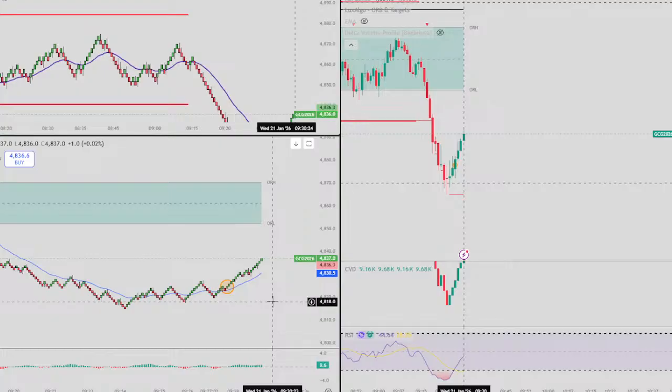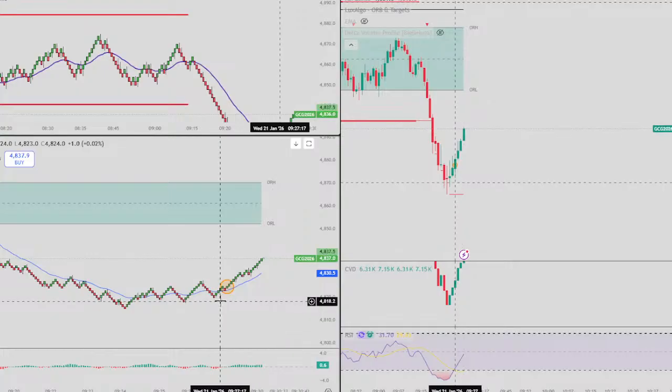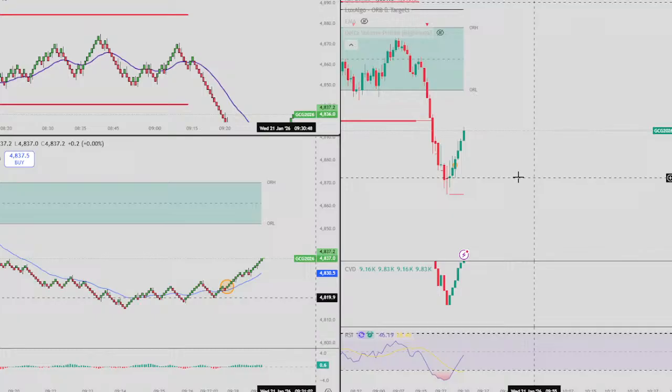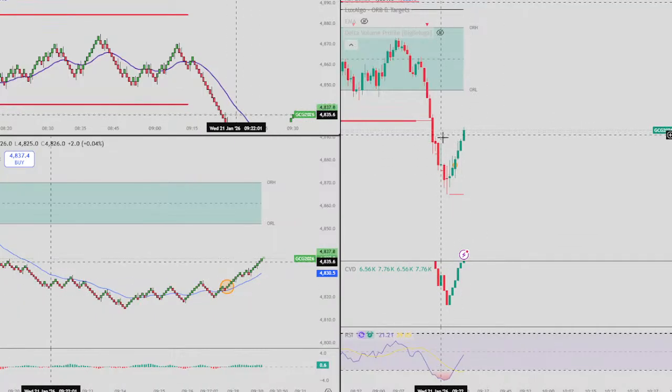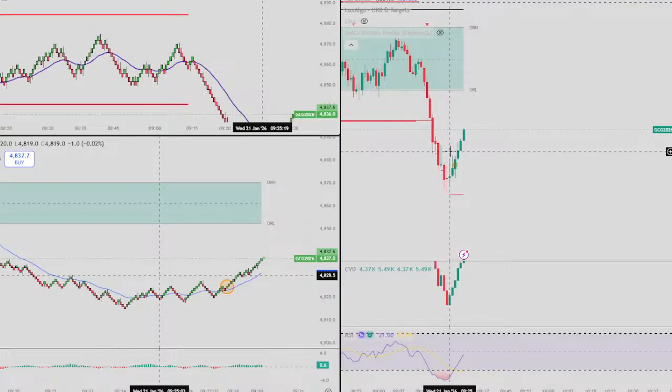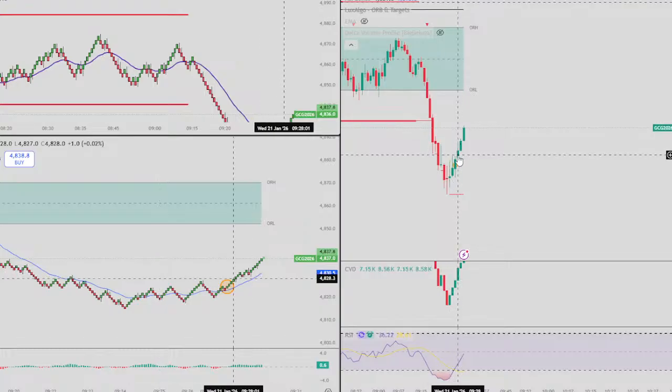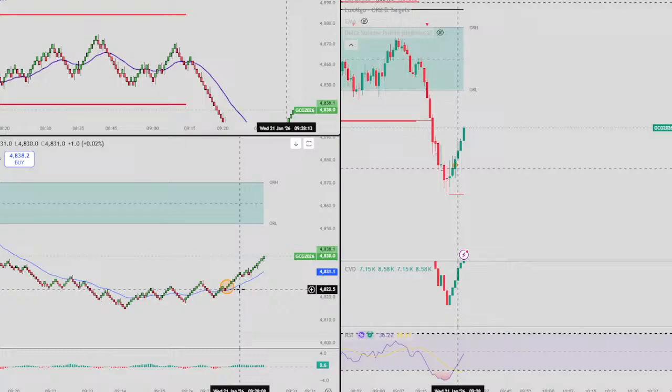Crazy. So the reason why I only went in one contract was because I didn't really know exactly what I was doing, kind of talking myself through it. I saw volume decreasing as we came down, and then I wasn't really paying attention to that anymore.